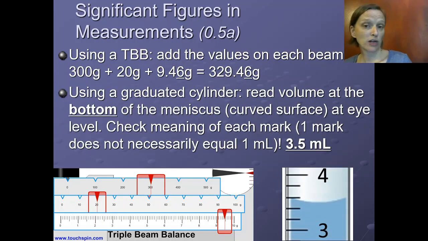When you're reading a graduated cylinder, remember that you need to read the volume at the bottom of the meniscus and you need to read the meniscus at eye level. You should always check the meaning of each mark because one mark does not necessarily equal 1 mL. So here we have 3 mL and 4 mL, but only 5 spaces between those. So each space represents 0.2 mL.